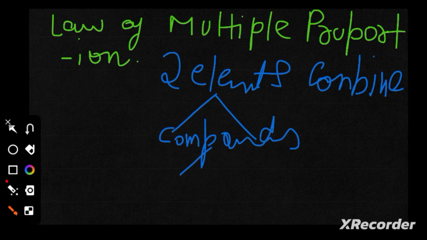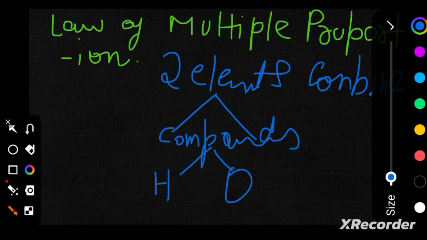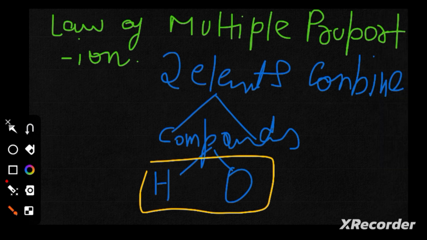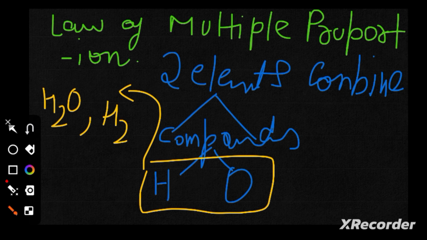Let's say the elements are hydrogen and oxygen. So when these two elements combine, they can make two different compounds. They can make H2O, or they can make H2O2, right?